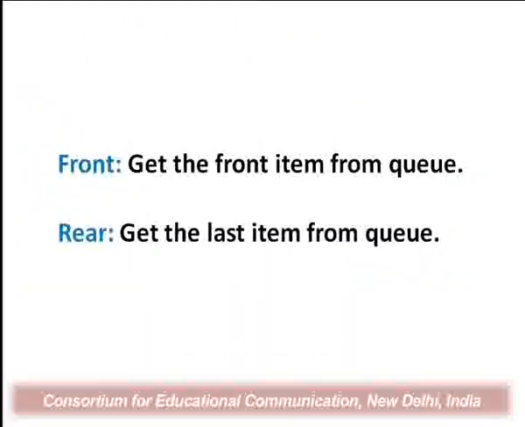In order to implement the NQ and DQ operations, two pointers will be required. One is front, another one is rear. The front pointer is required to take out the front item from the queue, and the rear pointer is required to get the last item from the queue.